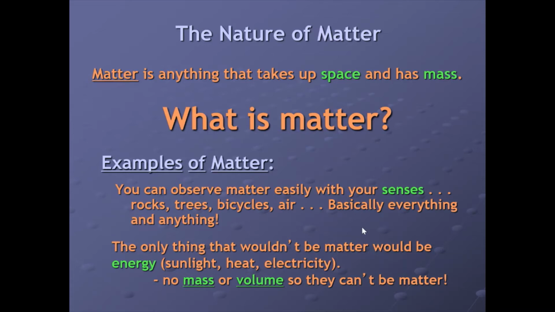We talked about observation earlier in the term, and things you can observe with your senses are things like rocks, trees, bikes, air, basically almost anything. The only thing that wouldn't be matter would be things like energy: sunlight, heat, electricity. Those are not matter because they have no mass or volume, so they don't fit the definition.